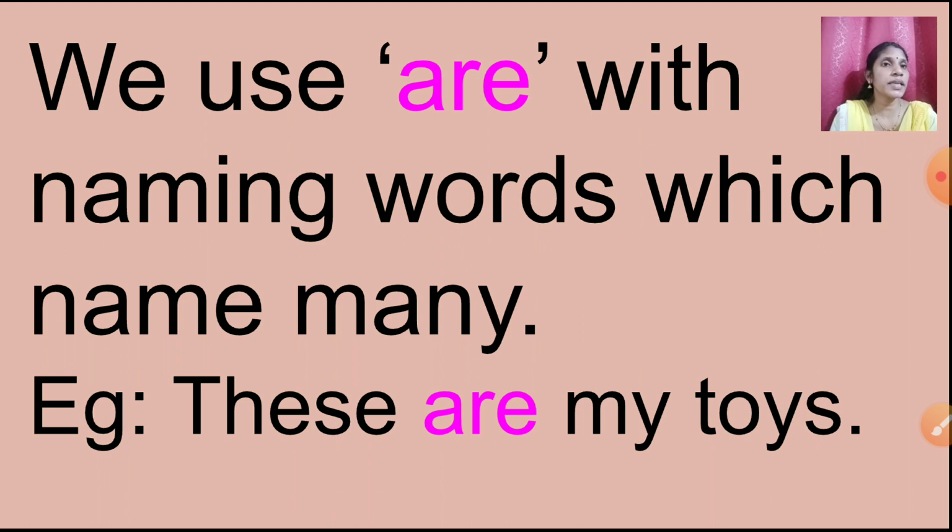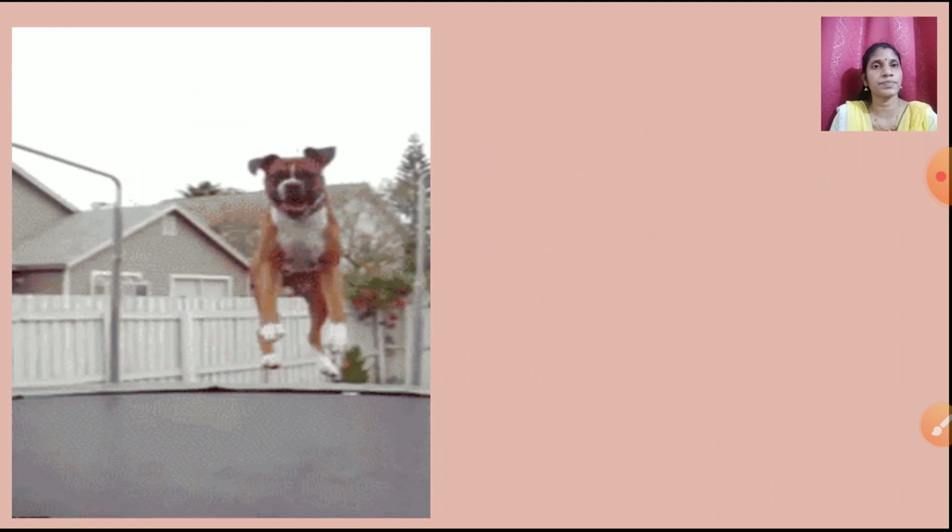Here you can see S is added. That means what? Many toys. So, children, when we are talking about many naming words, that time we are using are. Okay? Now, let us see some more examples.